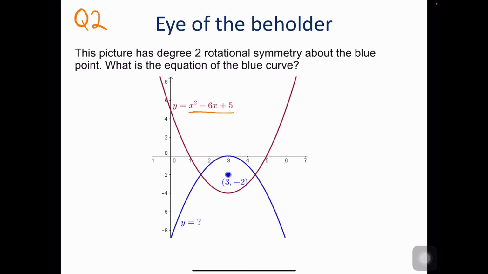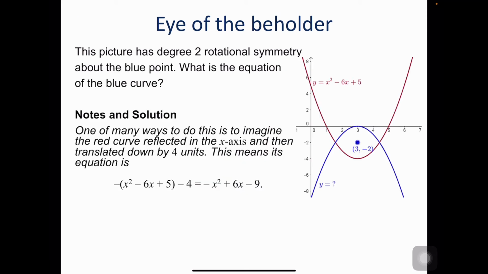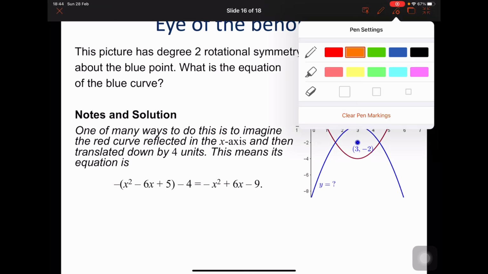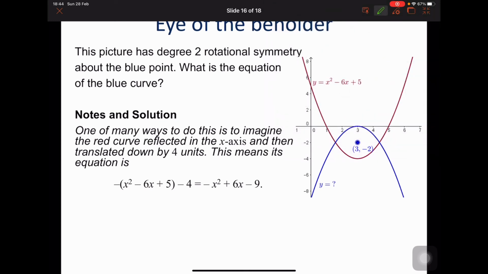Okay, so I'm going to go through the answers now. As I said, the first thing I noticed here is that it's obviously being reflected in the x-axis. So let's use a green pen to demonstrate. It's going to be something like, so this is -4, so it's going to have a maximum point of 3, 4.